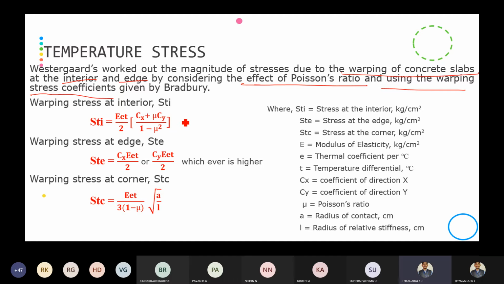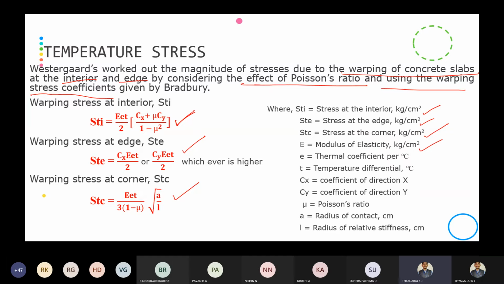So using the warping coefficients and the Poisson's ratio, Westergaard worked out the thermal stresses also. So this is the warping stress at the interior, warping stress at the edge, and warping stress at the corner as worked out. So remember, where STI is the interior warping stress, STE the edge warping stress, and STC the corner warping stress.